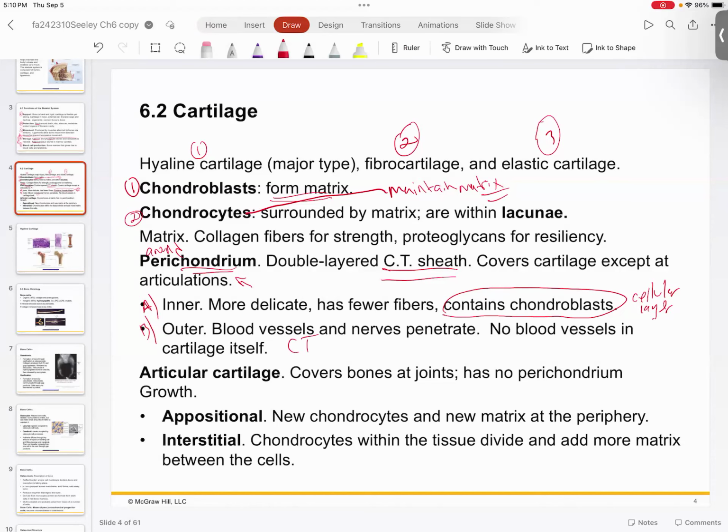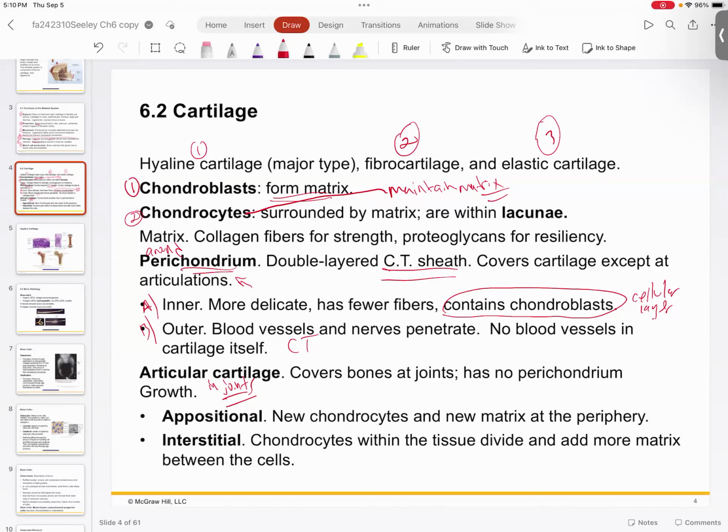So articular cartilage, that is to say, the cartilage in joints, basically is like a cover. It's kind of like a Teflon cover at the tips of joints. These typically won't have perichondrium, and so as a result, they're not growing, and typically they're not replaceable.